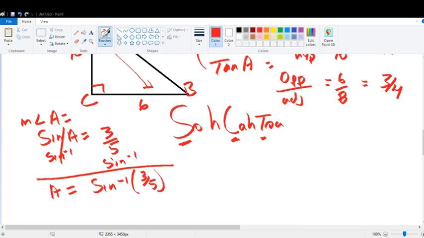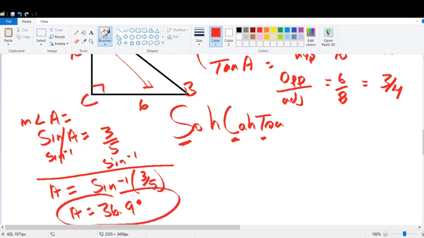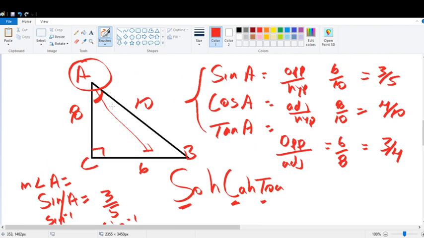And A equals about 36.9 degrees if you round to the nearest tenth. So that is the measurement of angle A in this problem, angle A, 36.9 degrees.